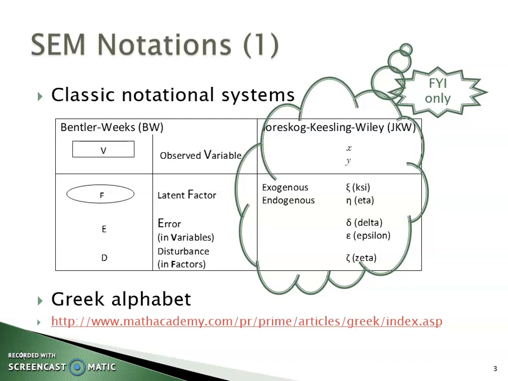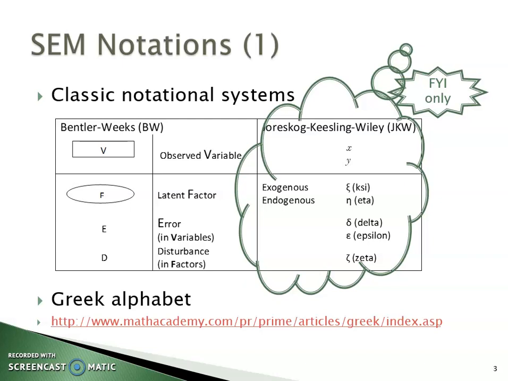The first thing of today is for us to learn the notation system that is used in SEM. First, we need to know that the reason we need a notation system like this is because the hypotheses in SEM are no longer expressed as mathematical equations or some type of statement like we did in ANOVA or multiple regression, like mu1 equals mu2 equals mu3.